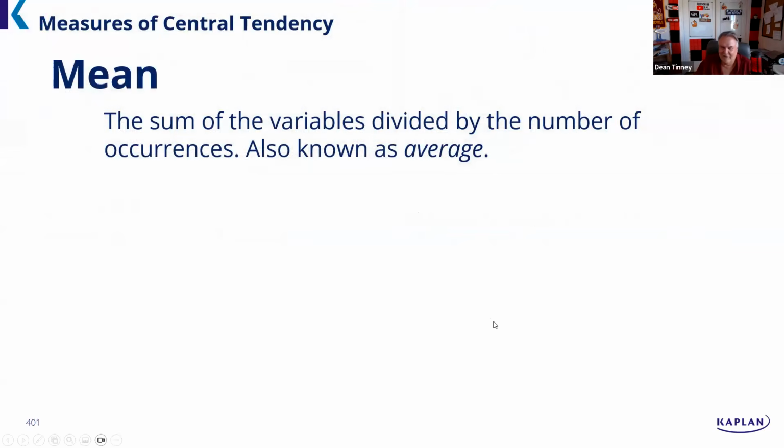But all right, so the sum of the variables divided by the number of occurrences is known as the average. I would be prepared to do a simple average on the test. And the simple average you have to do on the test is typically about dollar cost averaging, where they tell you that a client has a fixed number of dollars to invest regularly, like $100 every quarter.